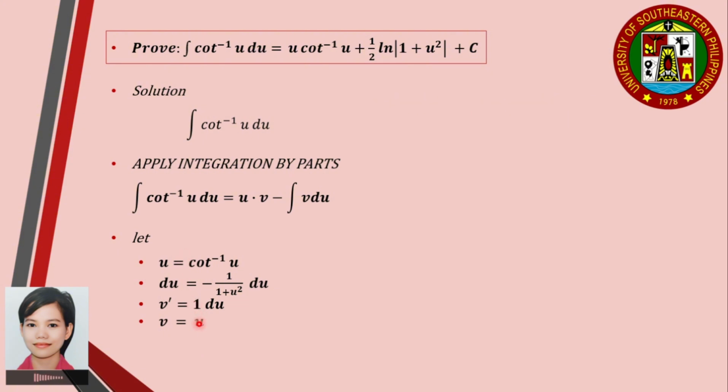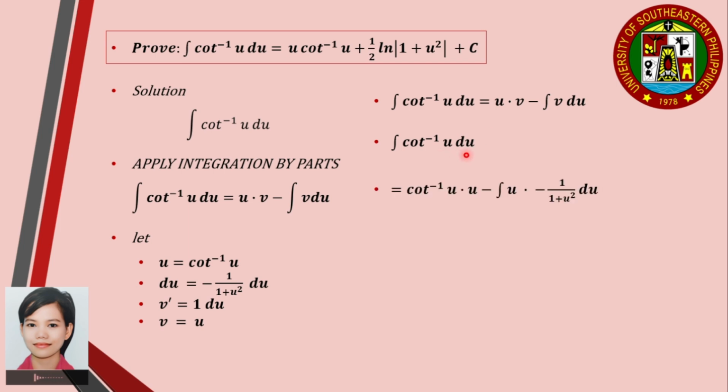We can substitute them to have the arc cotangent u du equals to the u, which is the arc cotangent u, to the v, which is u, minus the integral of the v. The v we have here is u, multiplied to the du. What is our du? Du is negative 1 all over 1 plus u squared du.